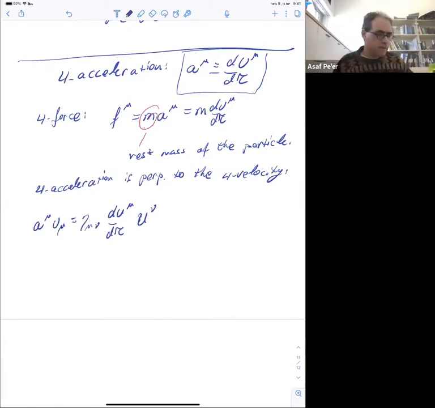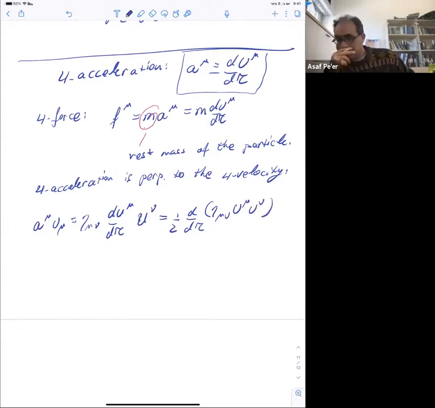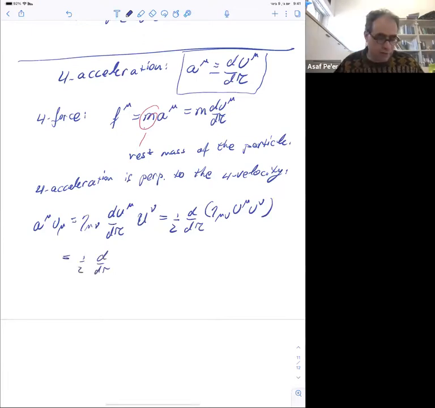But this I can write as 1/2 of d over dτ of η_μν u^μ u^ν. You can take the derivative once of u^μ and once of u_μ, it doesn't matter. But inside the parenthesis is just a constant, which is minus c squared. So this is 1/2 d over dτ of minus c squared. Since this is constant, this is of course 0. I take the derivative.